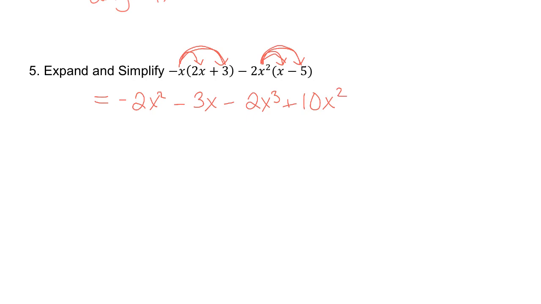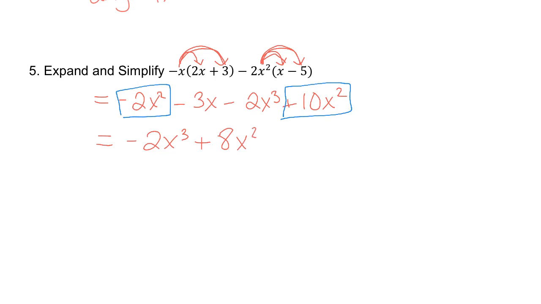And at this point, I'm going to collect my like terms. So I have negative 2x squared and positive 10x squared here. I am also going to write it in descending order. So I'm going to start with the negative 2x cubed. Then I'm going to do my x squared. So I'm going to have positive 8x squared, and then I have minus 3x.